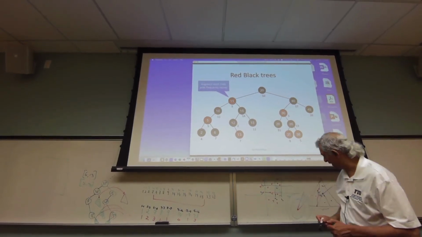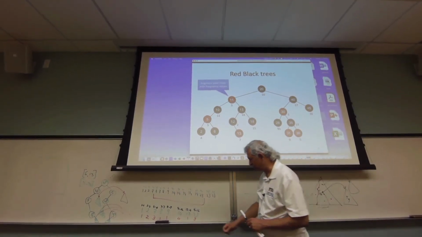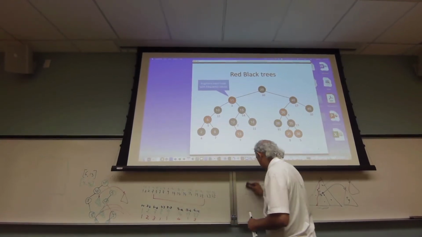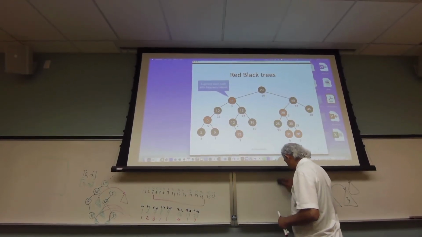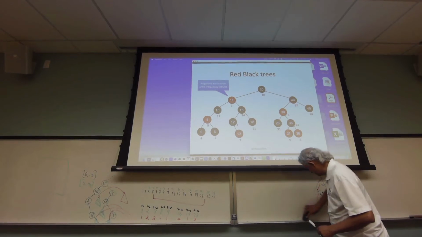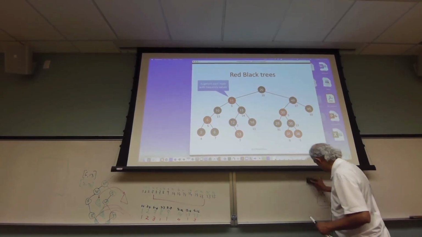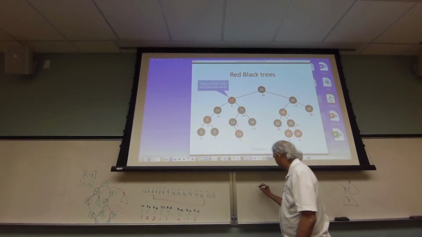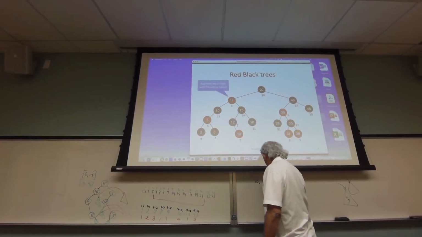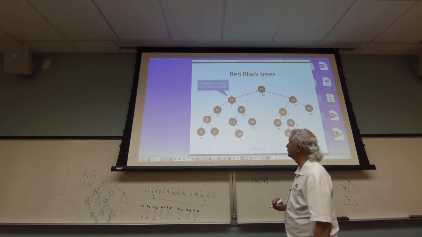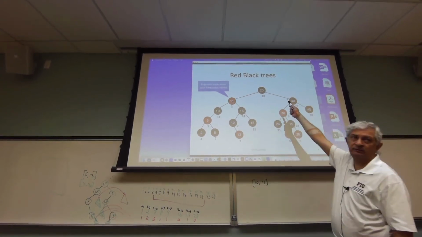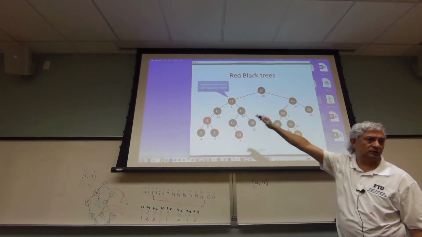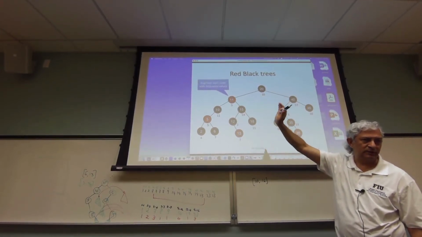Yeah, so let's do that. So for 10 and 16, if I want between 10 and 16, here's what I'm going to do. I start there. 10 and 16 both are to the left of it, so I ignore that node.